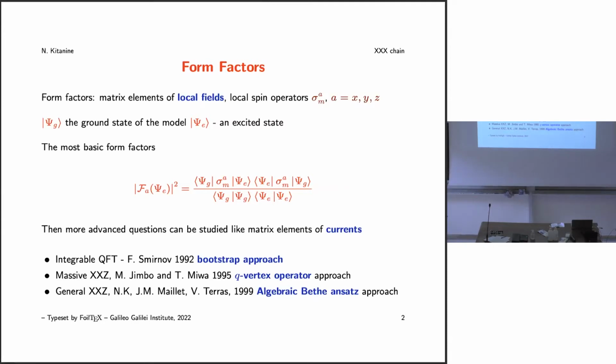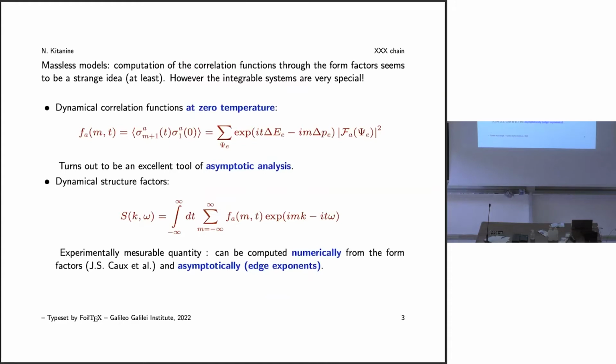So, well, I'd like to remind you that if you want to compute any, I don't know, time-dependent correlation function at 0 temperature, what you need is to identify some low-lying excited states, compute this form factor, and then if you know the energy momentum differences, you just make a summation. Well, we'll speak about the Heisenberg chain, which is a massless model.